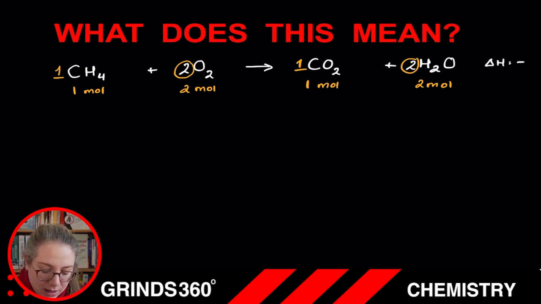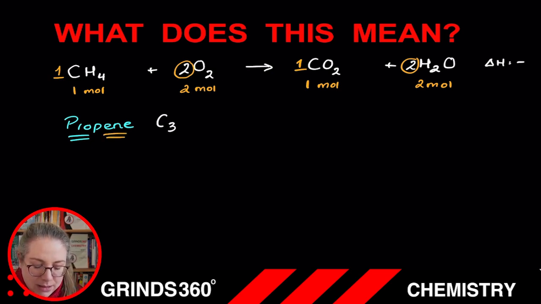If I was to come along and pick something different, like propene. If we look at the formula for propene, prop tells me it's going to have 3 carbon atoms, so it'll be C3. And ENE tells me it's going to be an alkene, which means it will have the formula C3H6.